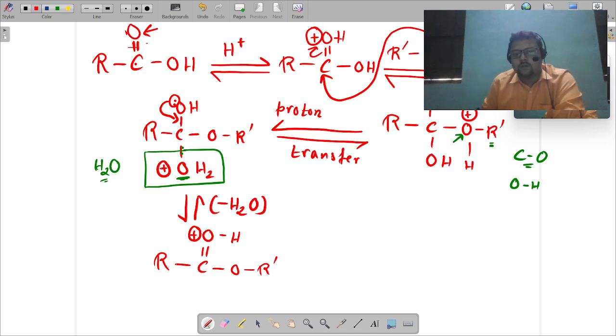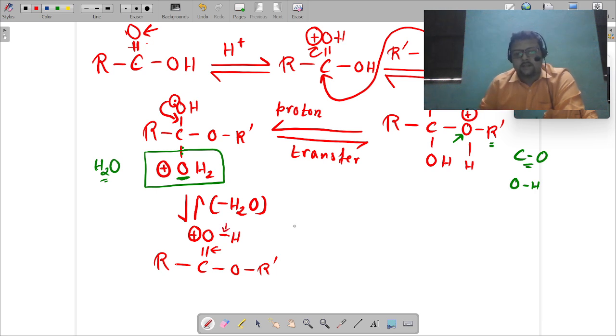Now as we told you earlier, this scenario is not suitable as oxygen is having a positive charge and 3 bonds. So this oxygen atom will now try to break one of the bonds. It has the option to break one of the carbon oxygen double bonds, or it can break the oxygen hydrogen bond here.